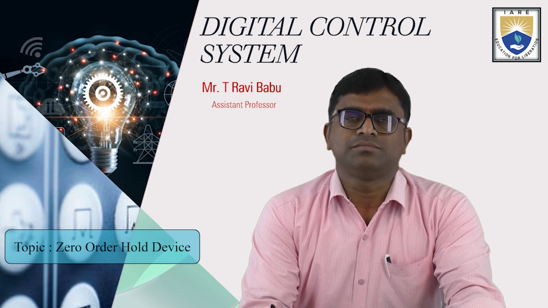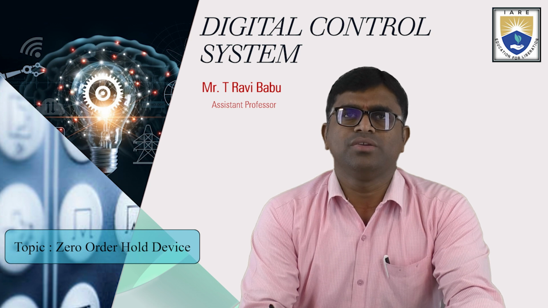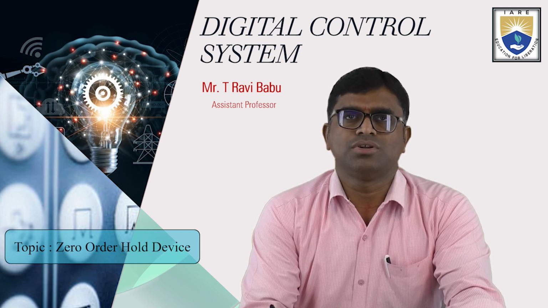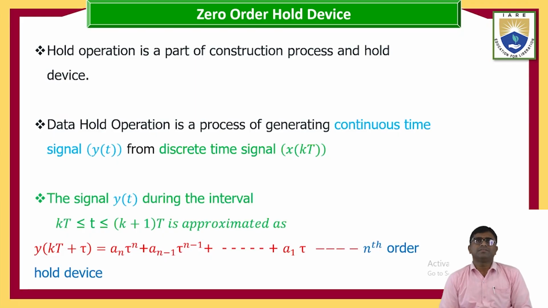In Digital Control Systems, in Module 1, that is Sampling and Reconstruction, today we are going to take the zero order hold device. In the case of the hold operation, the zero order hold device is a part of the reconstruction process, where the data hold operation is a process of getting the continuous time signal y of t from the discrete time signal.